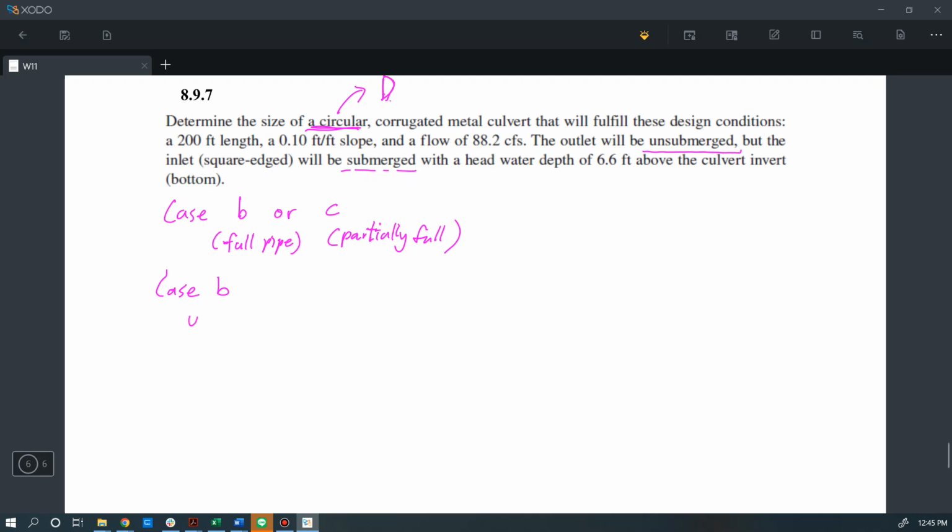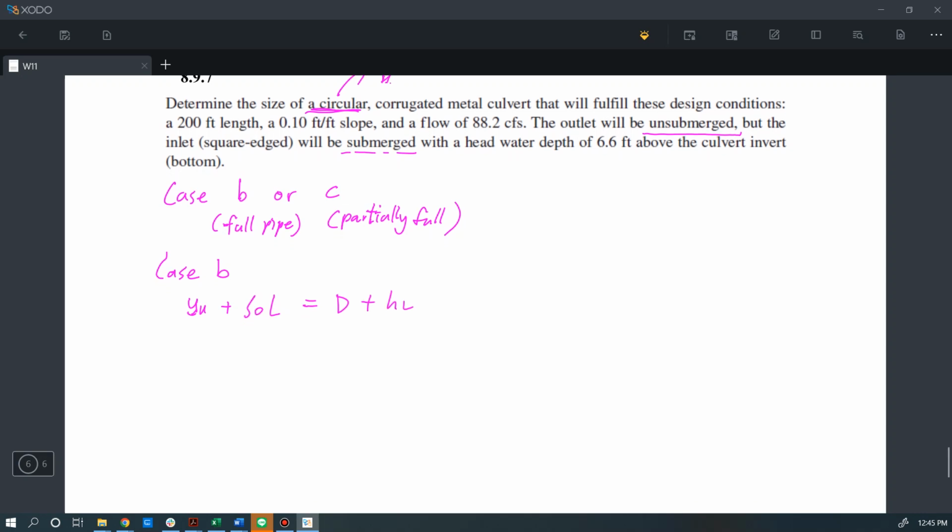Okay, so let's start with writing down the energy balance equation, which is the upstream water depth, YU, plus S naught times L equal to D plus HL.